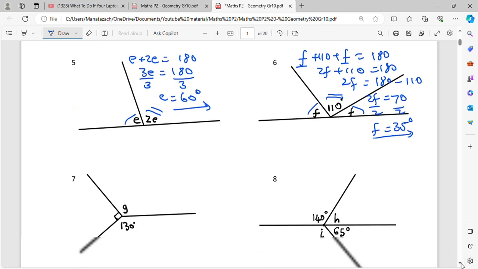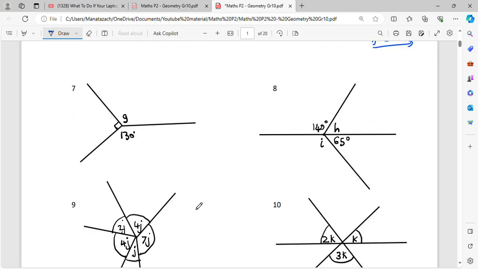Okay, let's go to question 7. So question 7 is quite different. This angle is 90. So these angles, all of them, they form a revolution. A revolution is 360 degrees.